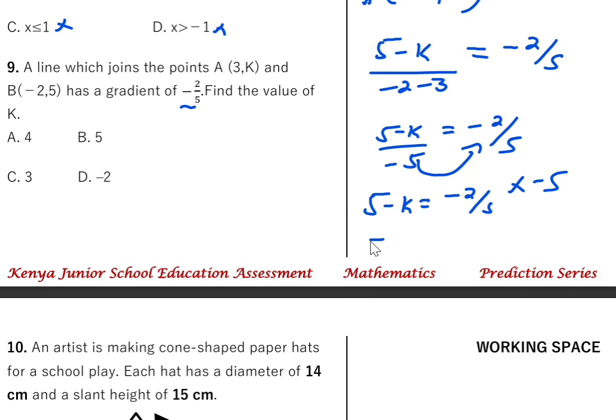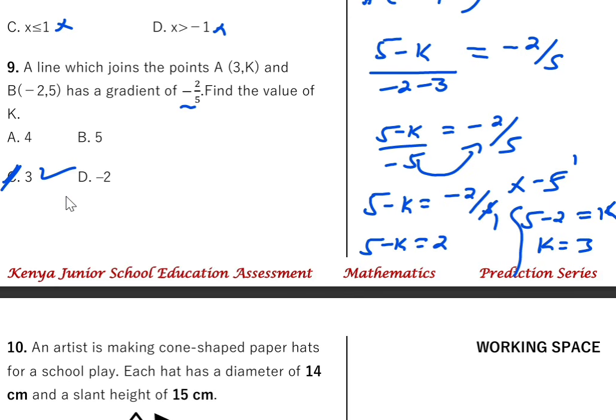So here I have 5 minus k is equal to, 5 by 5 is 1, -2 times -1 is 2. So collecting terms together, I can take k to the right and 2 to the left. So I can see 5 minus 2 is equal to k. And 5 minus 2 is 3, and therefore k is equal to 3. Therefore, the correct option is C, k is equal to 3.